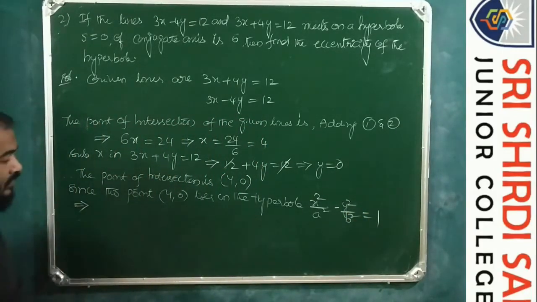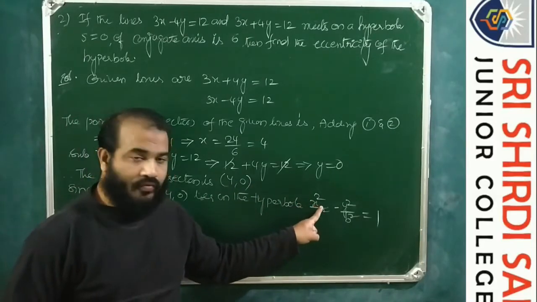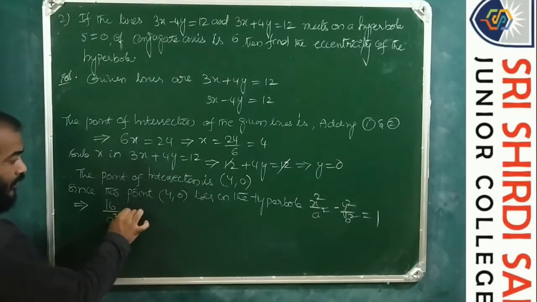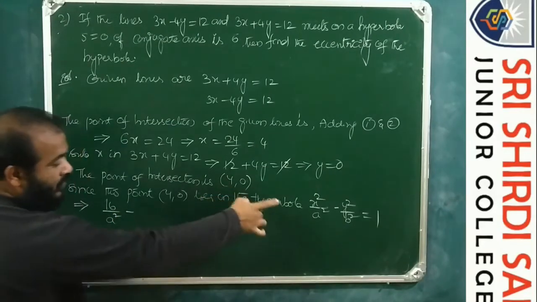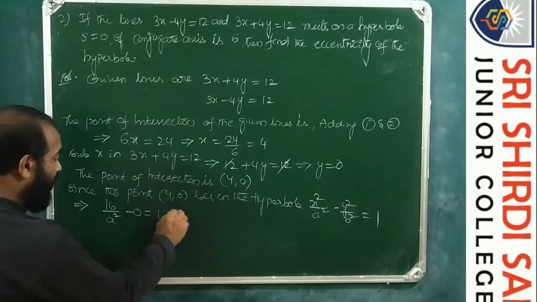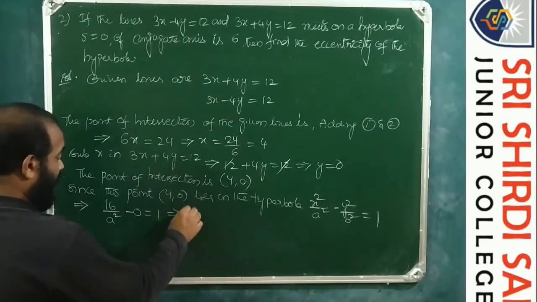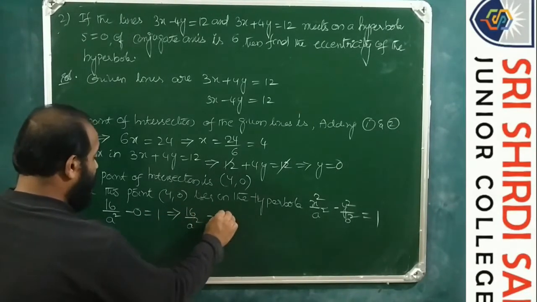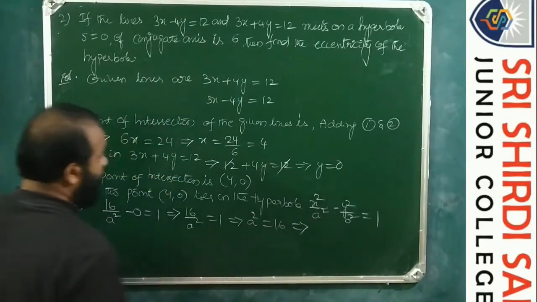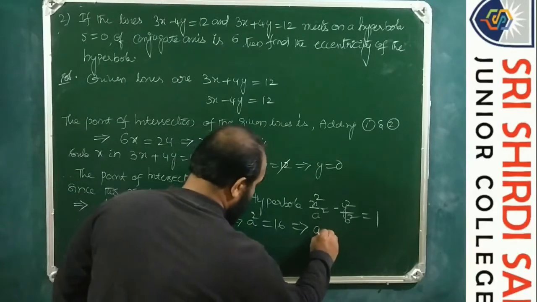This implies x value 4 square is 16 by a square, minus y value 0, so 0 by b square is 0, is equal to 1. From this 16 by a square equals 1, a square equals 16, so a is equal to 4.